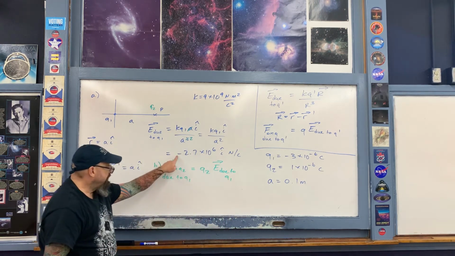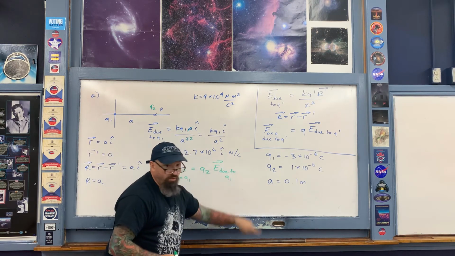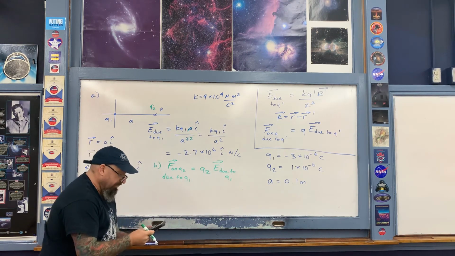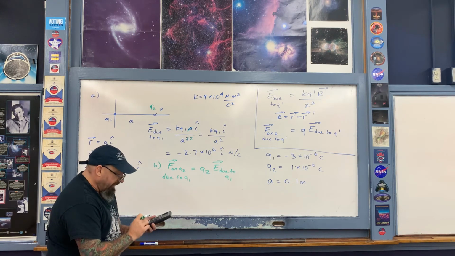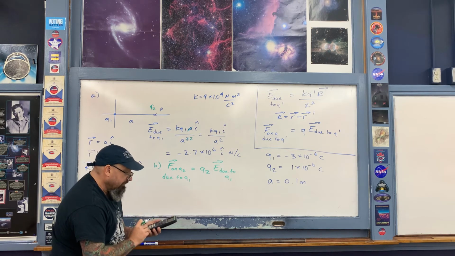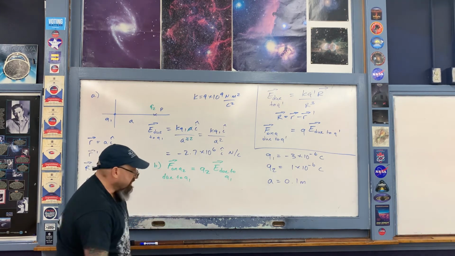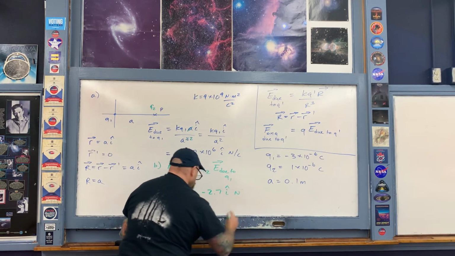We take this quantity right here and multiply it by Q2, the positive 1 times 10 to the minus 6, and then multiply that by negative 2.7 times 10 to the 6th. And this works out to be negative 2.7 I hat newtons.